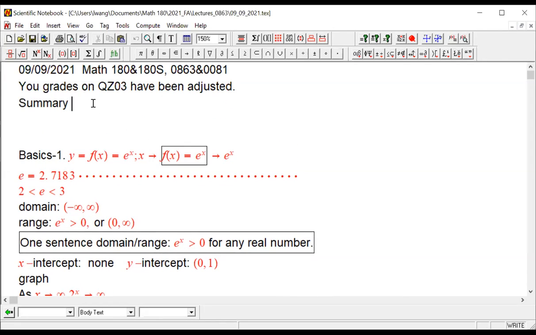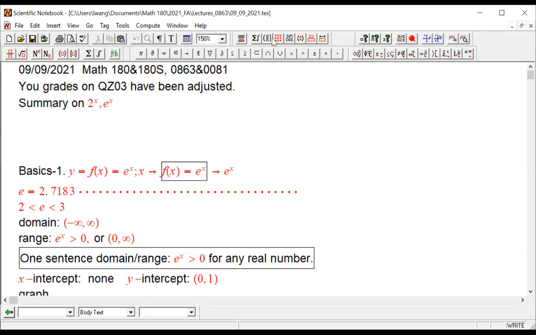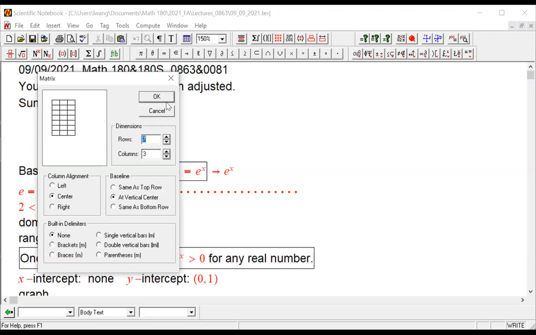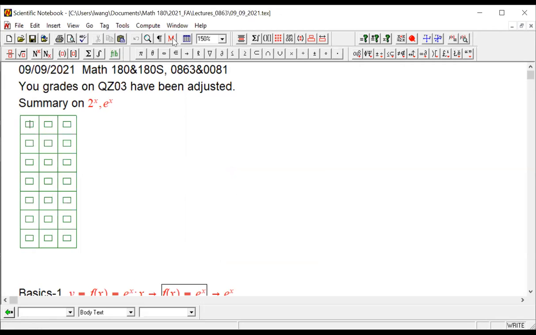Summary. 2 to the power x, e to the power x. I'm going to make a little table. Okay, so the function is 2 to the power x, e to the power x, right?